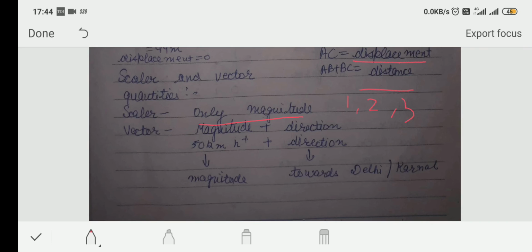And vector quantities are those quantities which have magnitude as well as direction. If we define any quantity with magnitude as well as direction, then we say that quantity is a vector quantity. Like, see this, in displacement direction matters. I'll explain how.